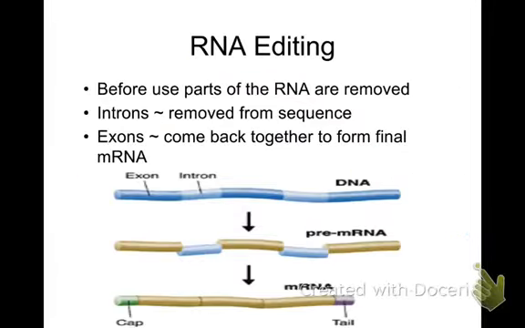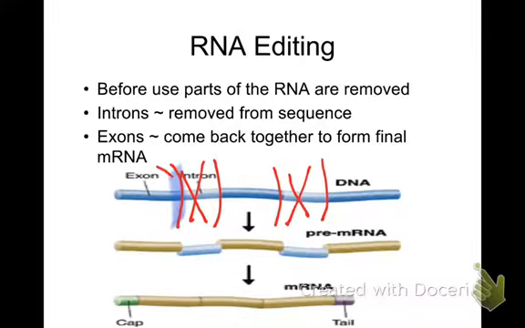So, like I said earlier, we need to edit our RNA. So we break it up into small little pieces. When we do that, we form pieces called introns and pieces that are called exons. So it's split into these pieces. We remove the introns, we get rid of those, and we use the exons.